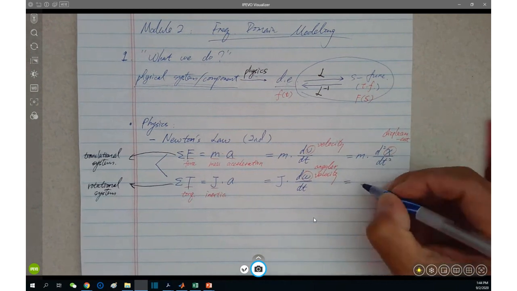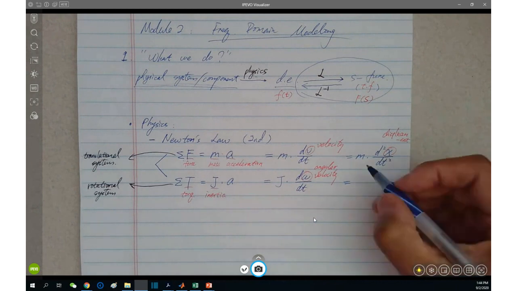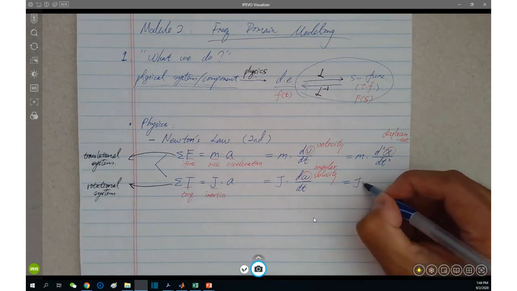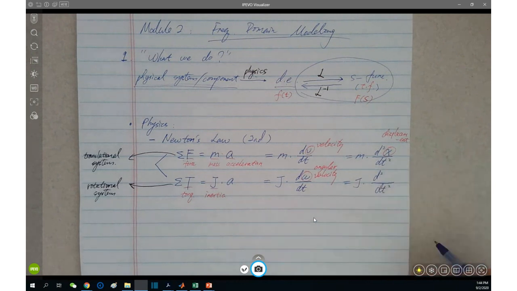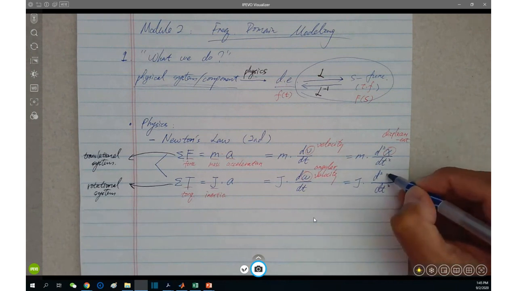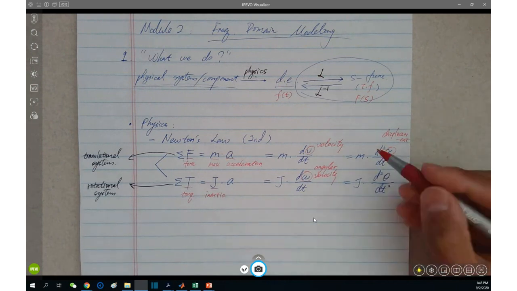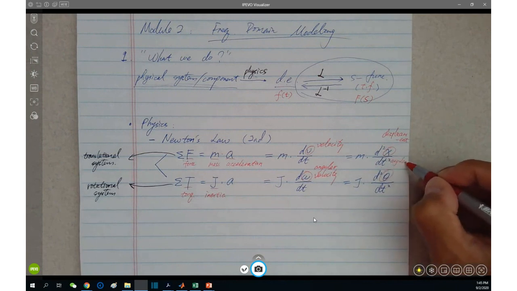And the angular velocity equals the derivative of what? Therefore, the second order derivative with respect to time t. Angular velocity equals the derivative of the angle, theta. Angular position. Guess what?